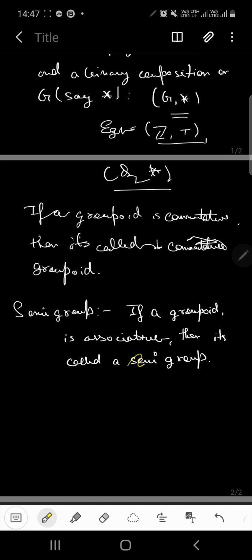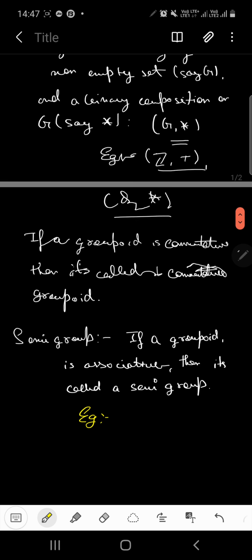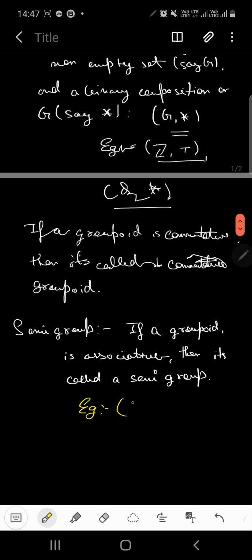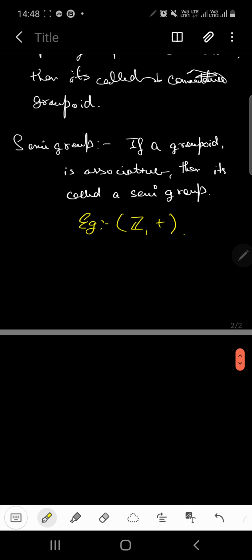In the semigroup we have an example which we have already written in the groupoid case, that is the set of all integers and addition. They are associative in nature.